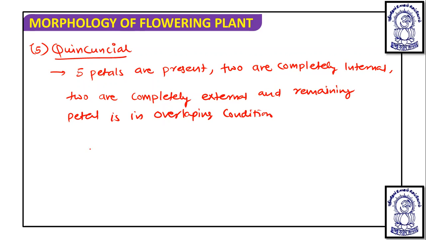You can see it like this: this is the outermost which is covering, this is inside, this is also inside, this is outside, and this is in an overlapping condition. So these two are totally inside, these two are completely outside, and this one is overlapping. Then it is known as quincunxial. And quincunxial is seen in examples like guava.